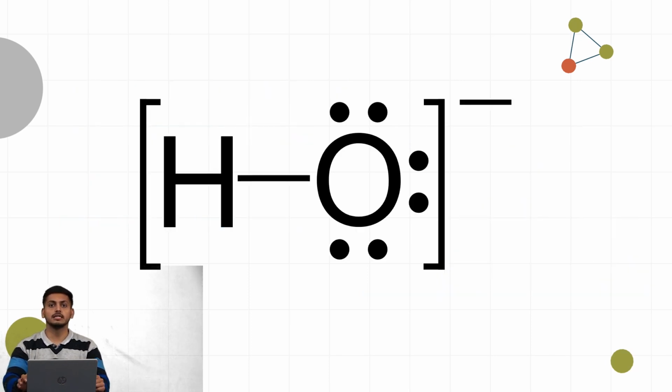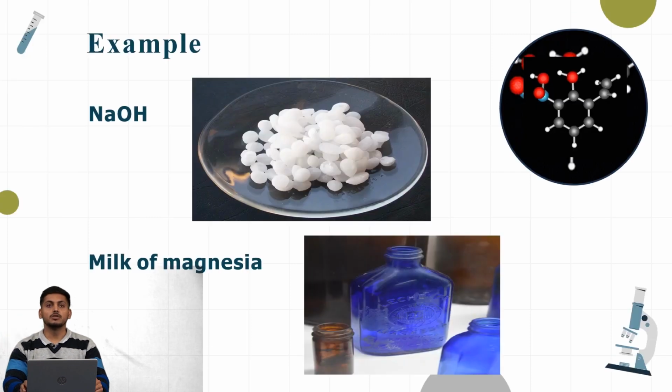If you see the structure of the OH ion, hydrogen and oxygen atoms are connected together by a single covalent bond, and there is an electric negative charge. Examples are sodium hydroxide and milk of magnesia.